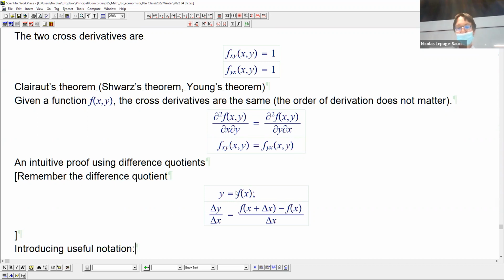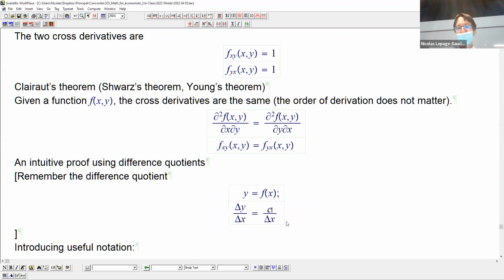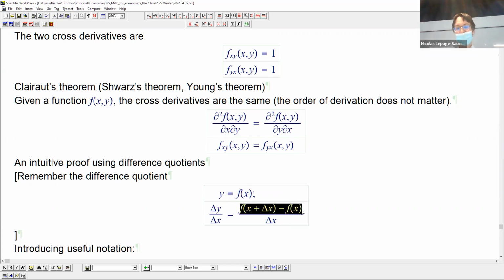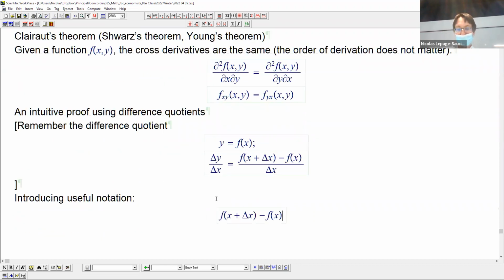So just this part there, f of x plus delta x minus f of x, we're just going to call this, we define it this way, delta f of x. So then we don't need y. It's like delta y, but it's the change in f of x. Makes sense? Right?